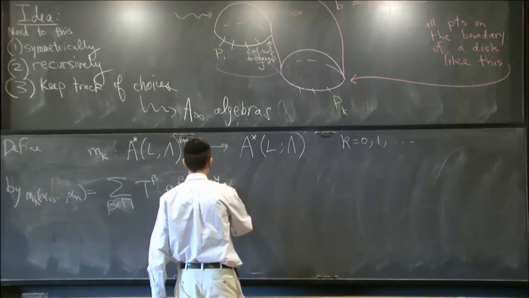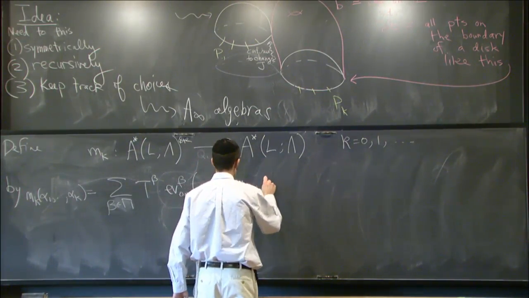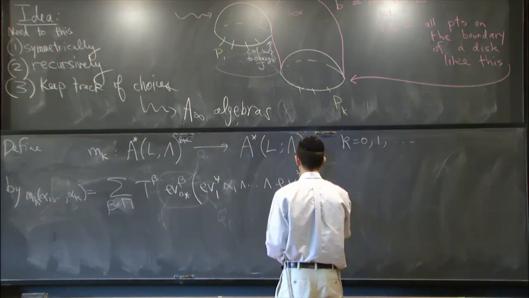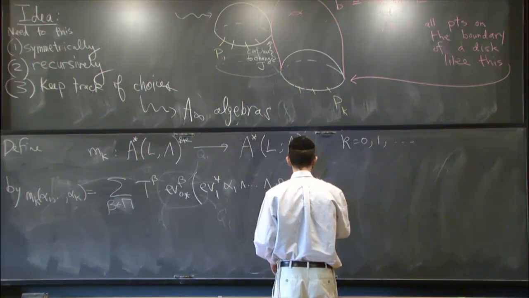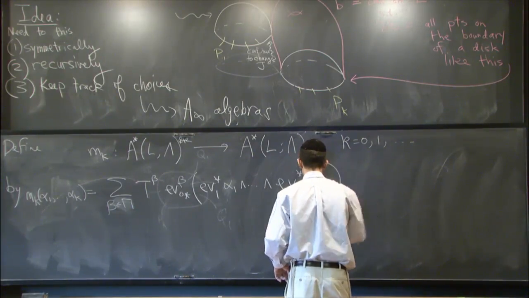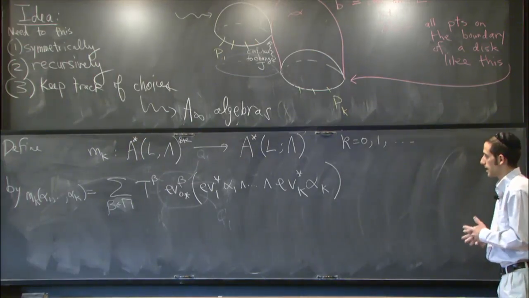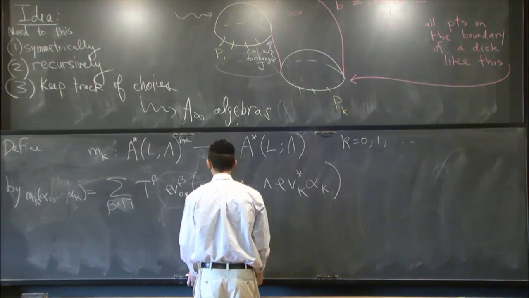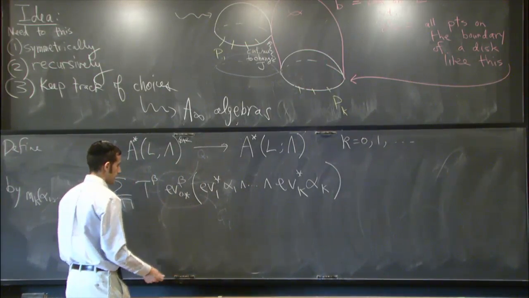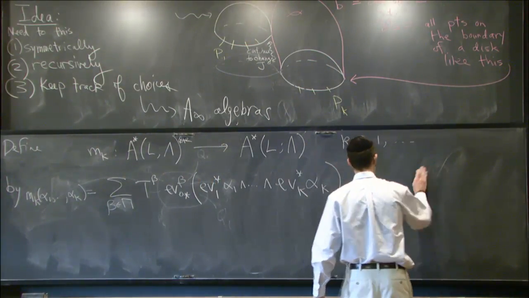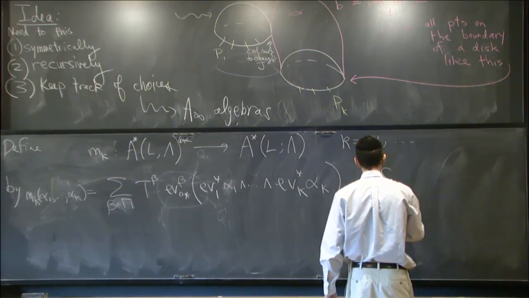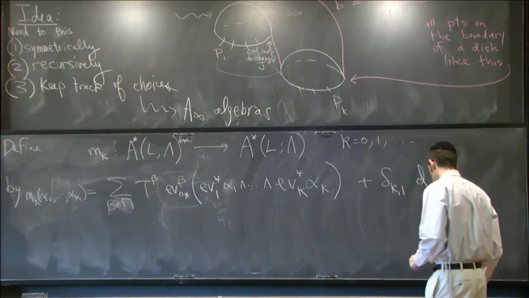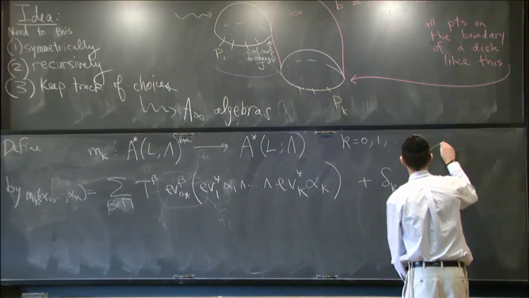We're going to just pull back the first one, wedge it with all the other ones pulled back by the appropriate evaluation maps, and then sum over beta. And we're going to add a little correction term, which is just that when k is equal to 1, we'll add the exterior differential.